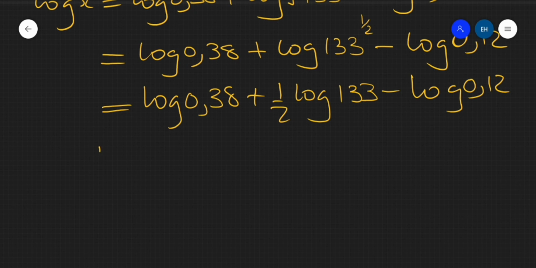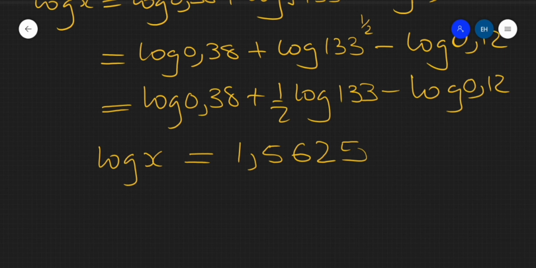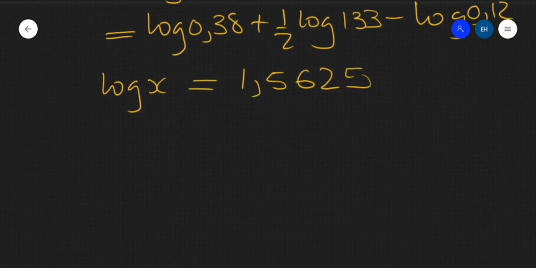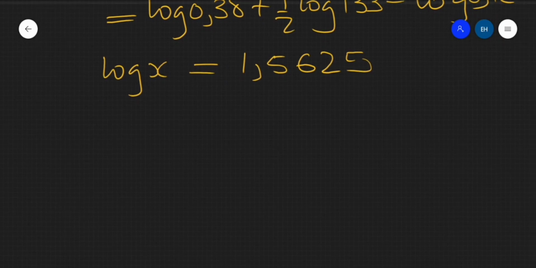If you punch your calculator, we'll end up having log x will be equal to 1.5625. Then you have to determine x now. You have to rewrite in your exponential form. You remember the exponential form.